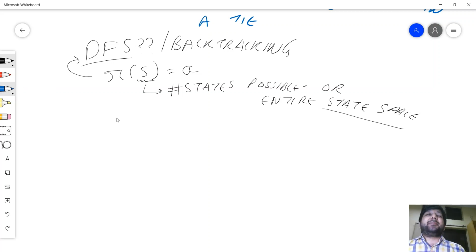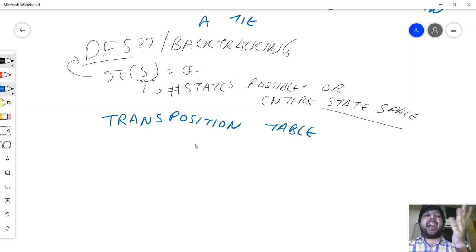Then you make a table which is very similar to the closed list. It's called the transposition table, and it stores exactly the same thing. So it's a map, same as the closed list used in the A-star algorithm with graph search. So it stores the state, and of course it stores the utility value.